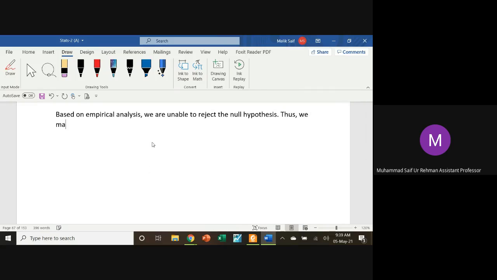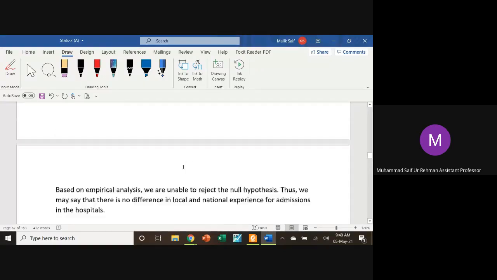Thus, we may say that there is no difference in local and national admissions, no difference in local and national experience for admissions in the hospitals.